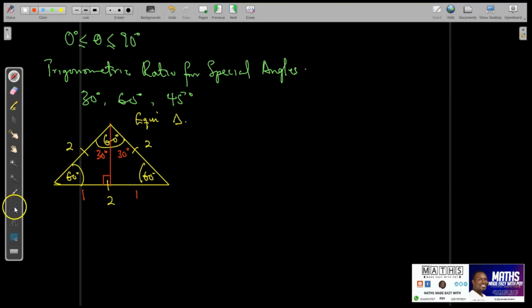So let me copy that one and put it aside. So this time around, we have a right angle triangle for which we have information like 2 here, 1 here, 60 degrees here, and 30 degrees here.